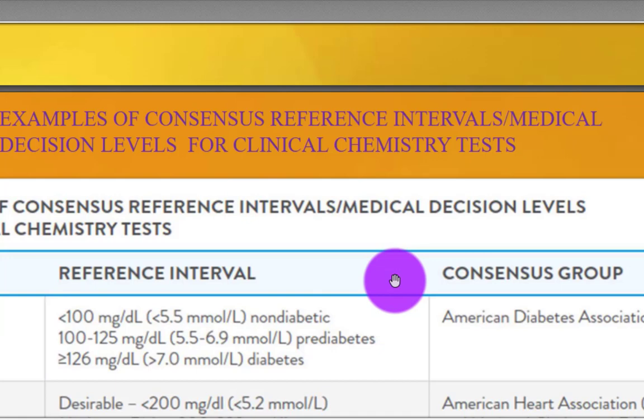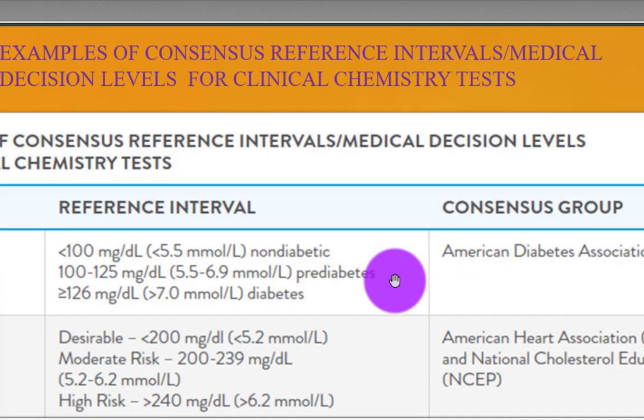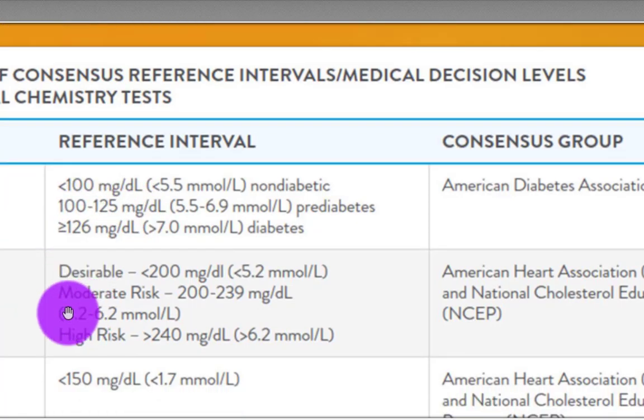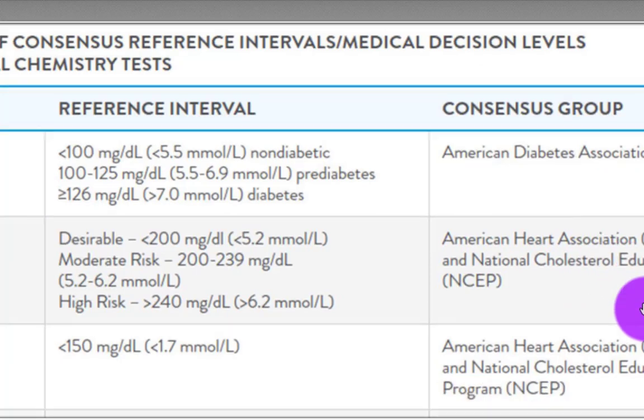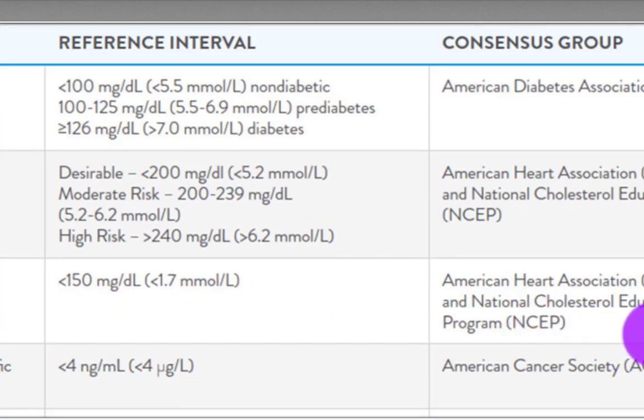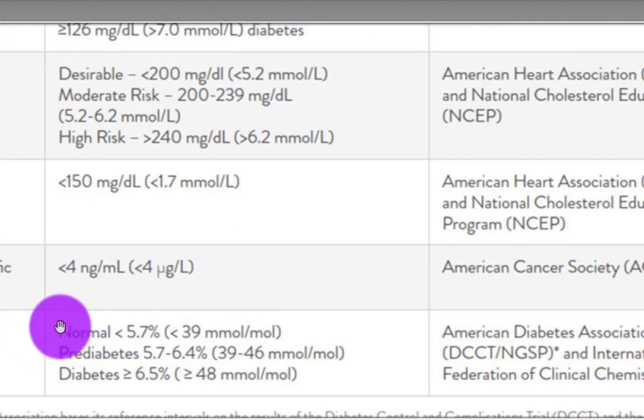Examples of consensus reference intervals, medical decision levels for clinical chemistry tests: glucose, fasting, 100 mg per deciliter; cholesterol, 200 mg per deciliter, American Diabetes Association and American Heart Association; triglycerides, 150 mg per deciliter, 1.5 millimole per liter, American Heart Association and National Cholesterol Education Program.